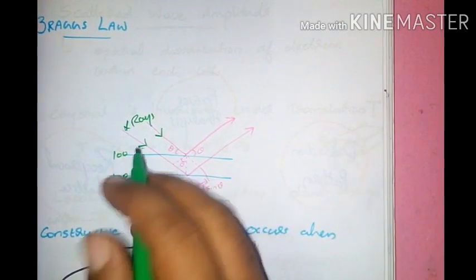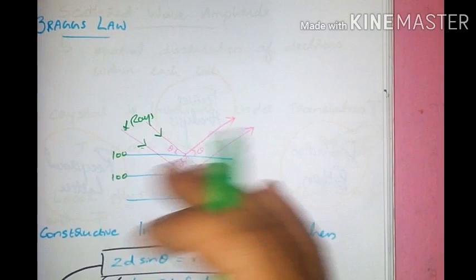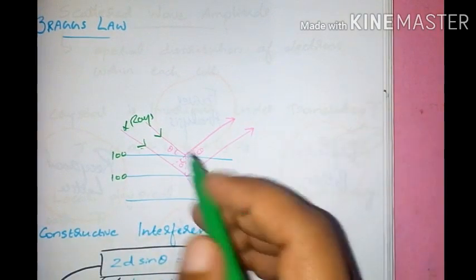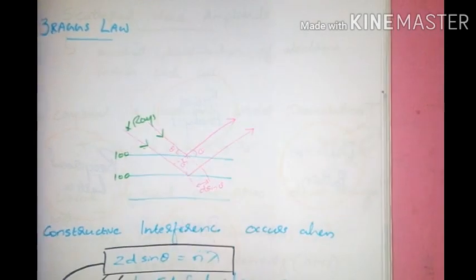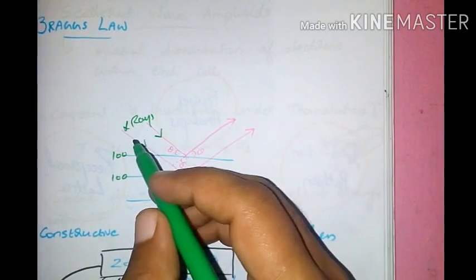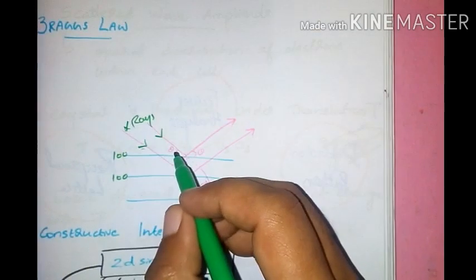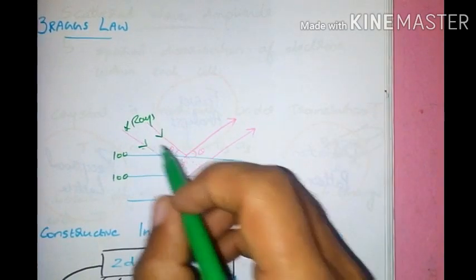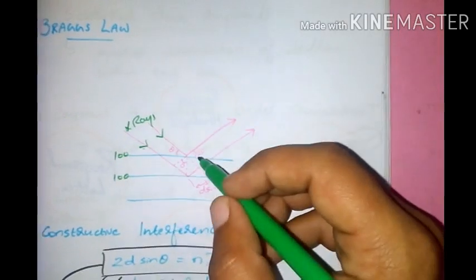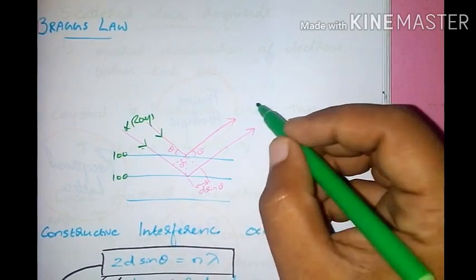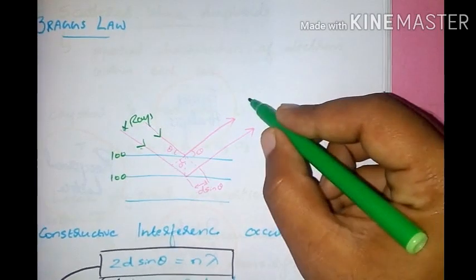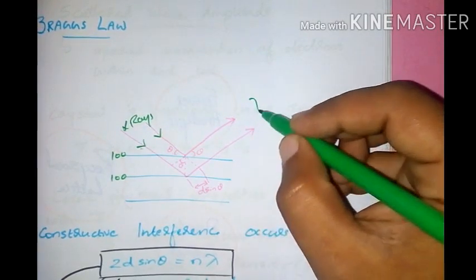Parallel 100 planes are aligned inside the crystal, and X-rays are falling onto the crystal, making an angle theta with the crystal planes and reflecting from them, and we are analyzing the output from these crystal planes here.